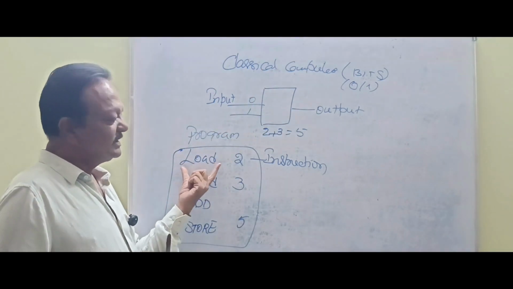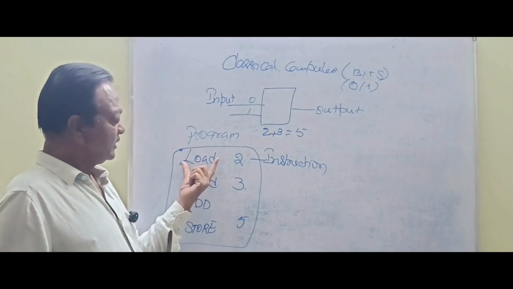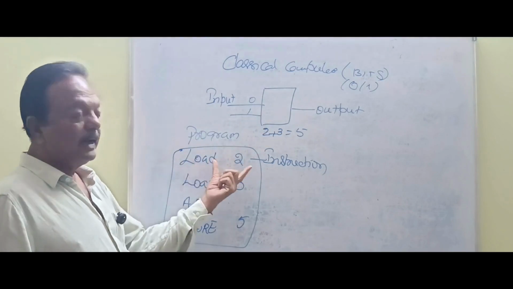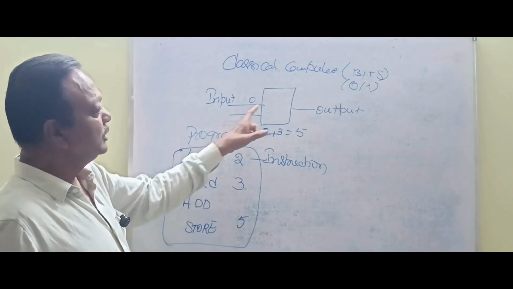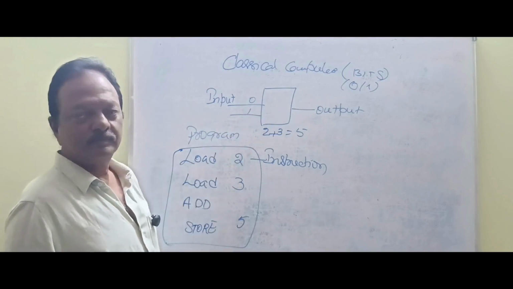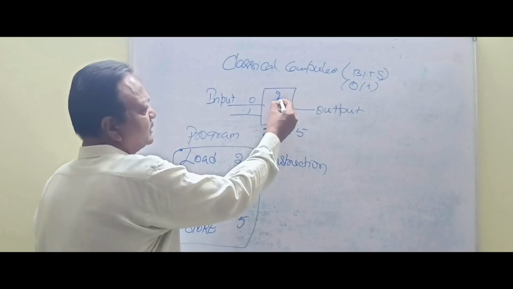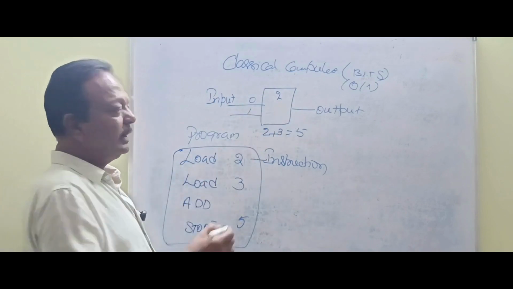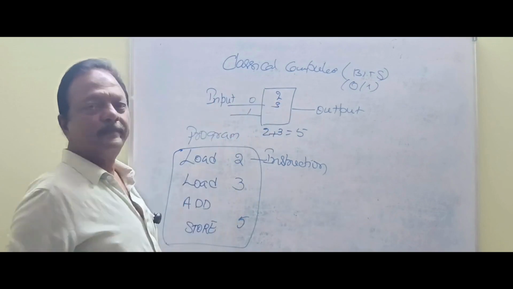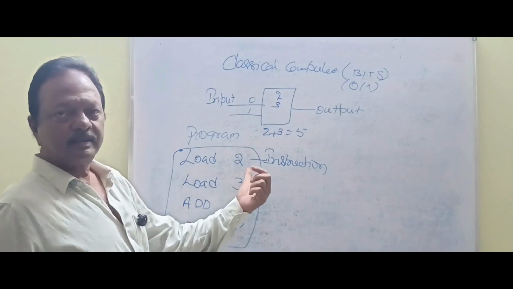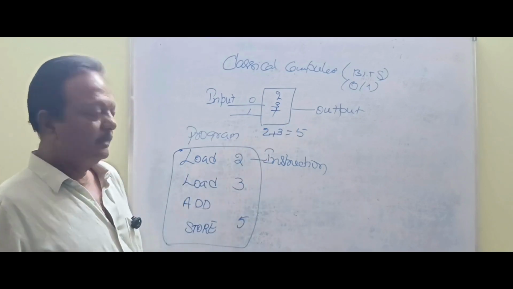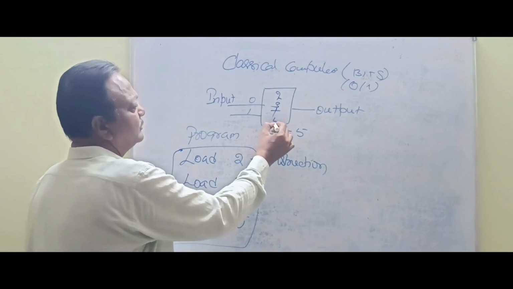So first, what I am telling the computer, giving the command, I am saying load 2 value inside that. So it loads 2 value first. Now next, load 3 value. Loading 3 value. Next, add, and store that value 5.